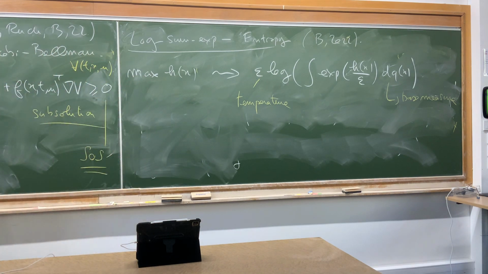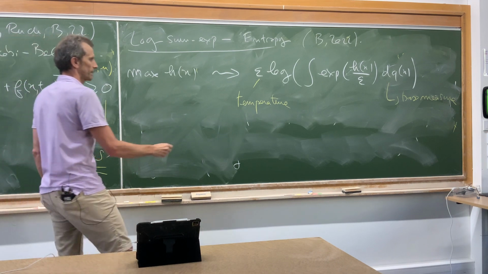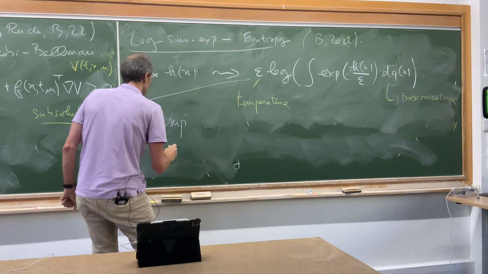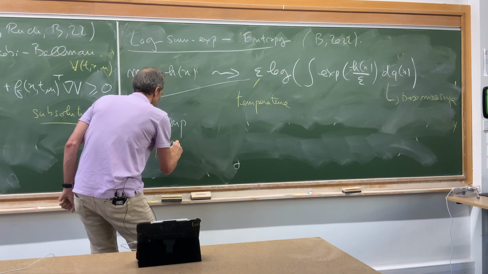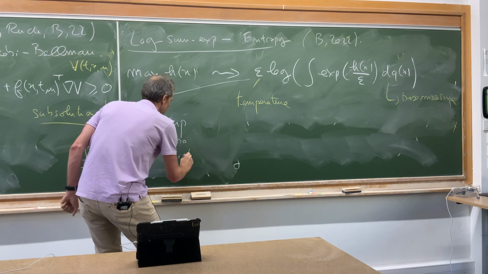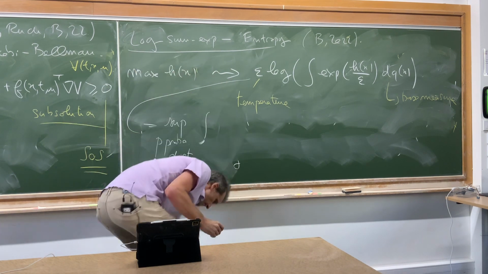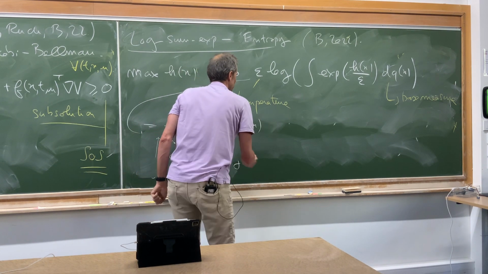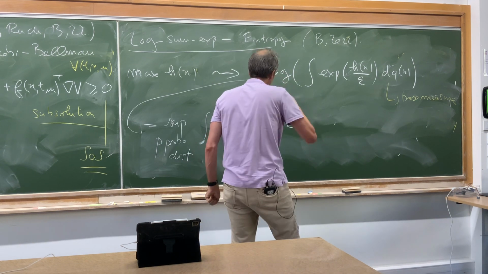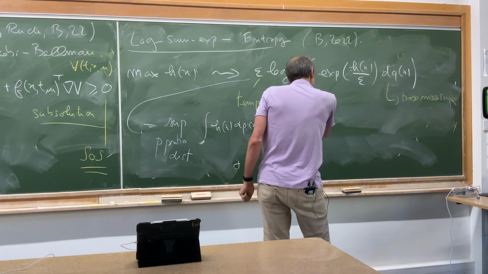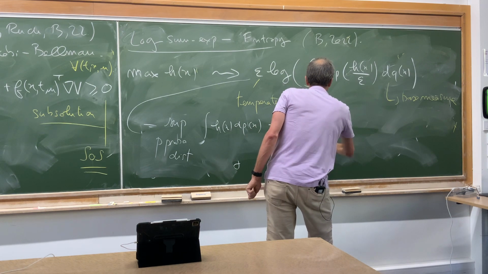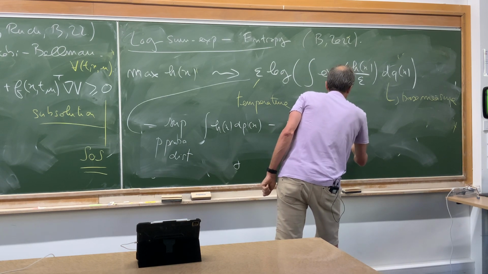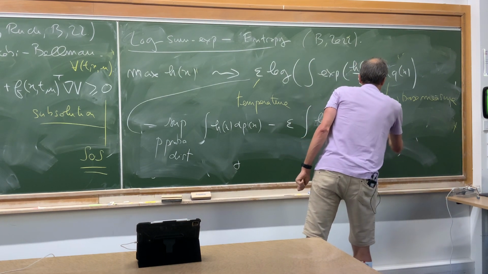And so the way we're going to formulate this is a very traditional way. That quantity is simply the supremum over all probability distributions P of the integral of h of x dp of x, minus epsilon times the relative entropy, the integral of the log of dp of x over dq of x times dp of x.